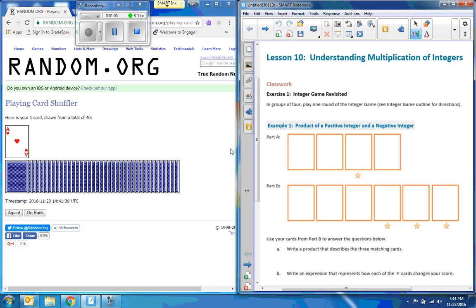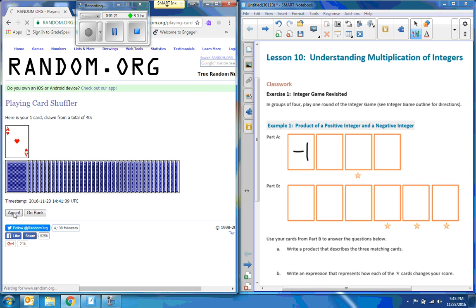Okay, an ace means -1. So red cards are negative, black cards are positive, ace is 1. We're only going to use 1 through 10, no face cards. So everything is worth their face value where ace is 1. So I draw a -1.